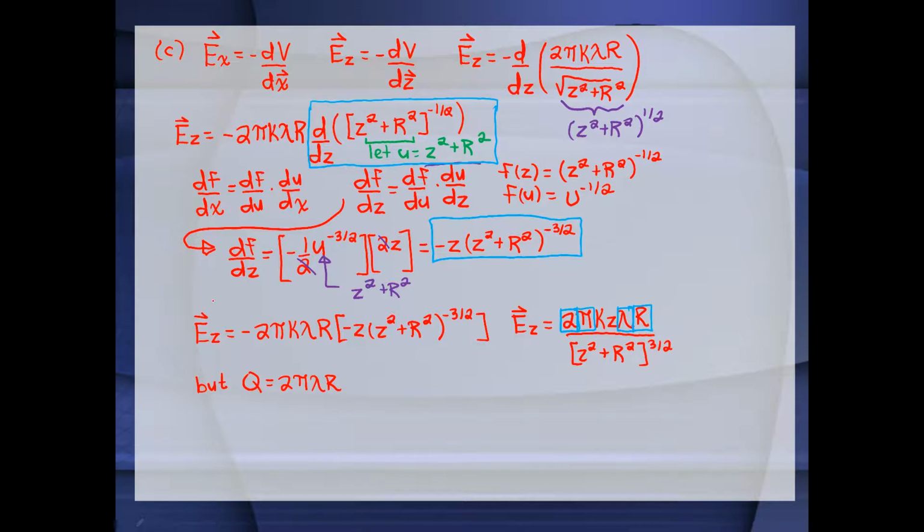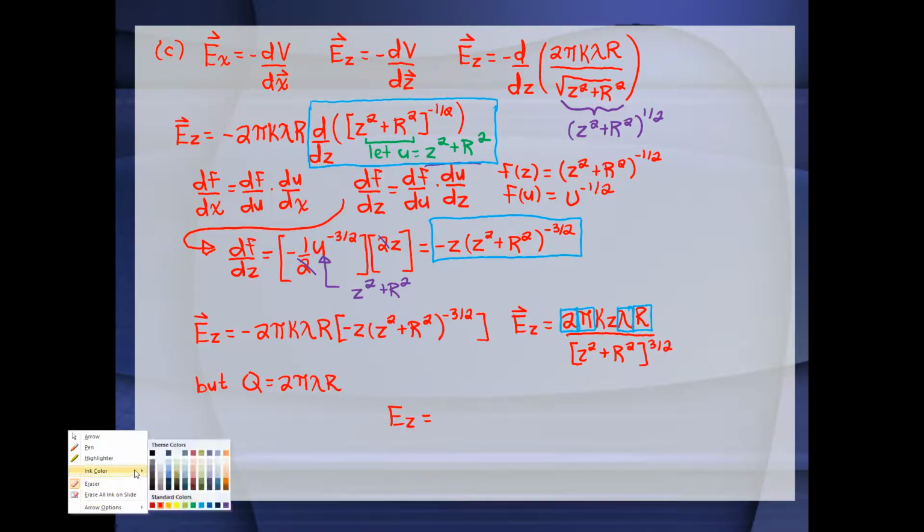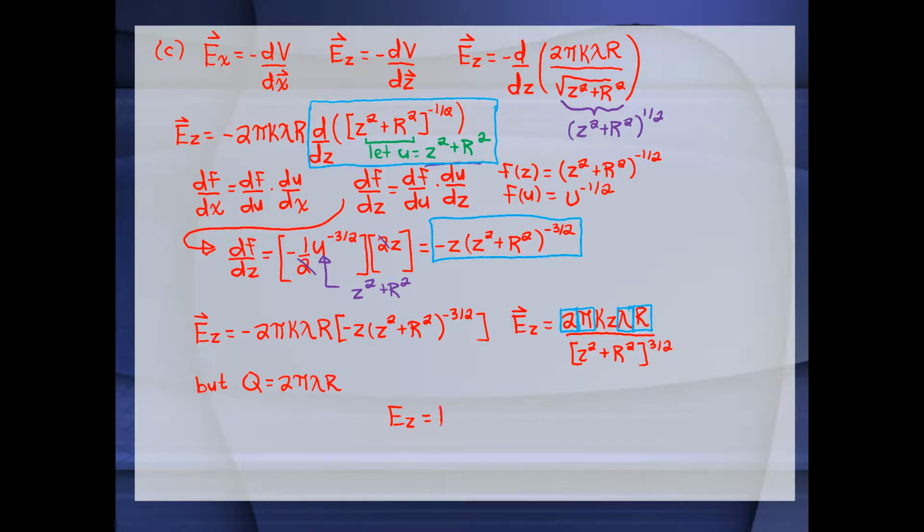And let's just drop the direction and just write the magnitude down. We'd have Ez would be equal to, oh, not 2, we just got rid of that. We're just going to be left with kzQ, all divided by z squared plus R squared.